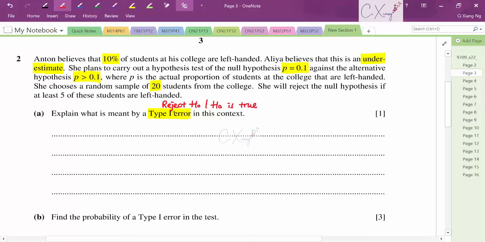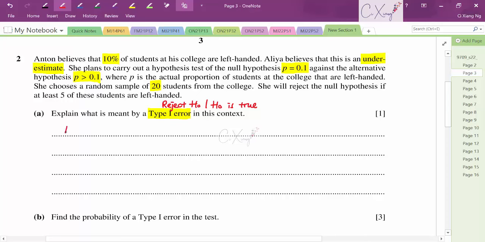Okay, therefore, what is the meaning of reject the null hypothesis in our question here? So reject the null hypothesis means that we accept the alternative. Accepting the alternative means that this is correct, where the proportion of the left-handed should be more than 0.1.